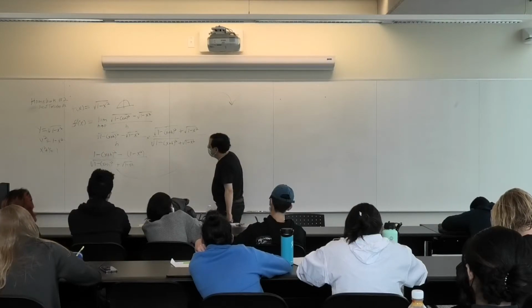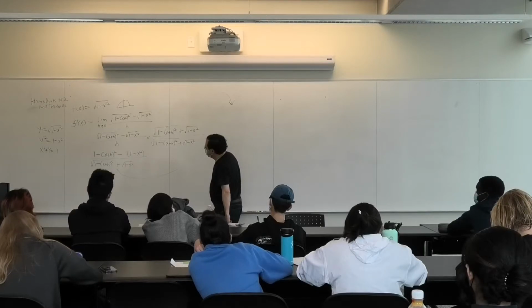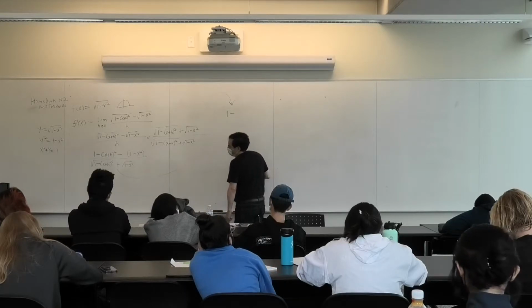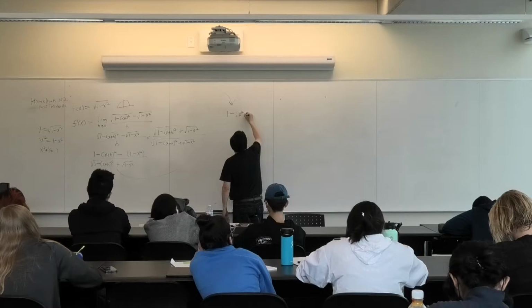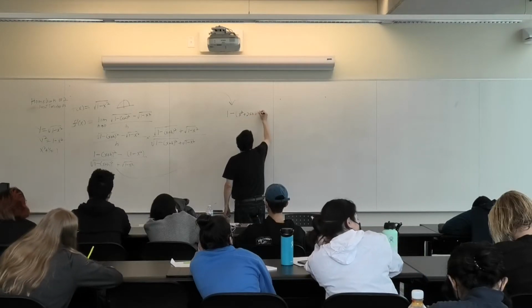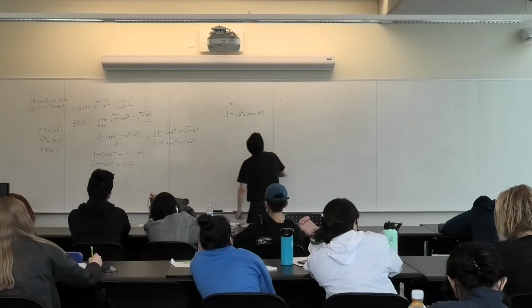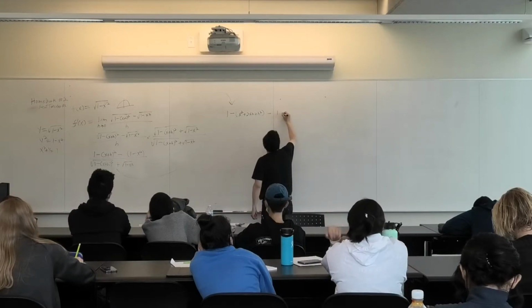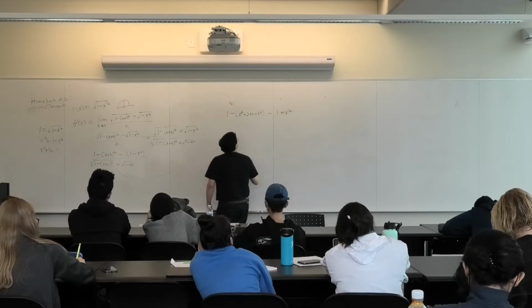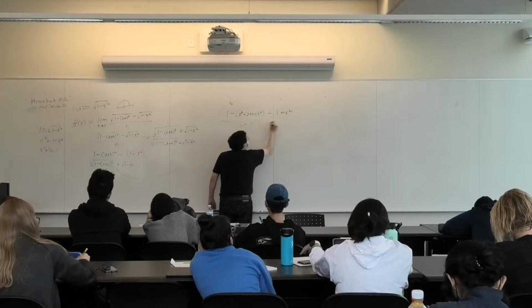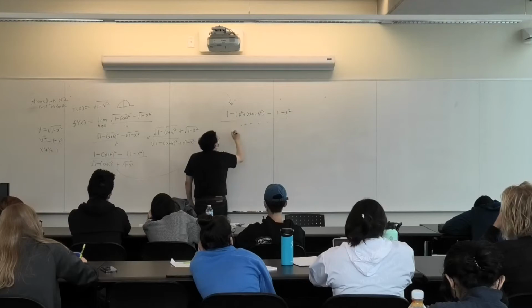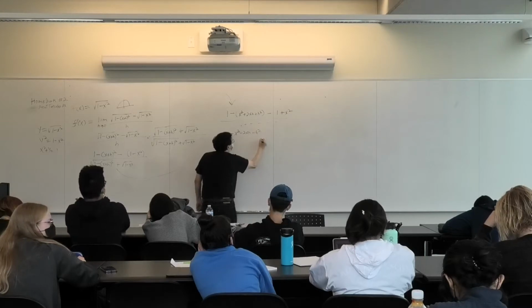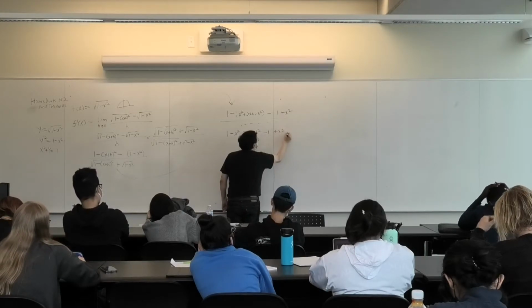So on the top, we can do a little fooling around here. 1 minus x plus h squared, that's 1 minus x squared minus 2xh minus h squared. And minus, all right, I'm just going to take the minus sign in. This is going to be minus 1 plus x squared.